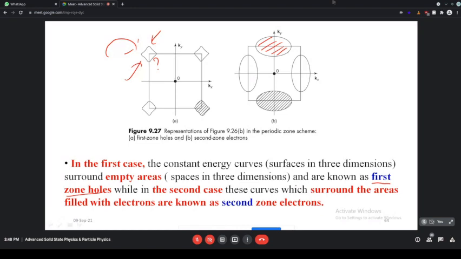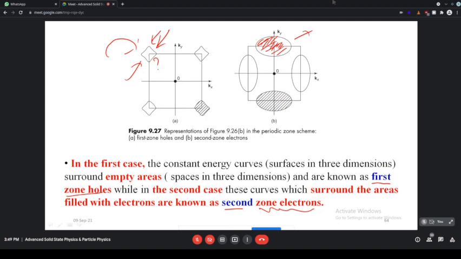Okay, and these filled energy levels lie in the second Brillouin zone, and these are filled. Therefore we will say these are second zone electrons. These are known as first zone holes, and these are known as second zone electrons.